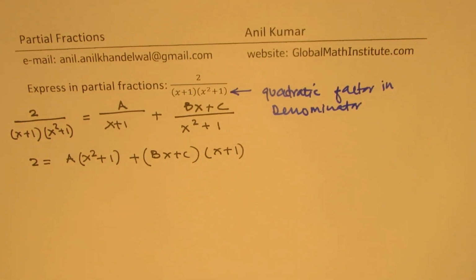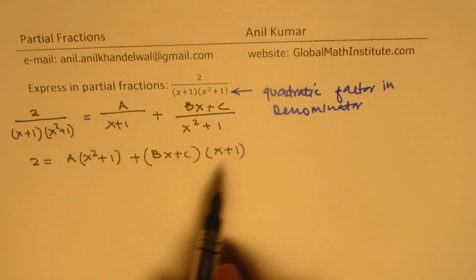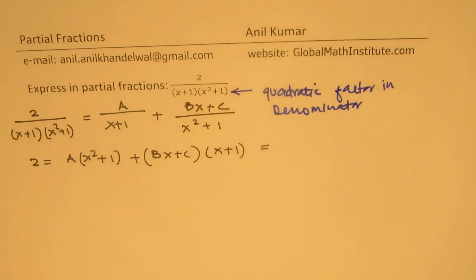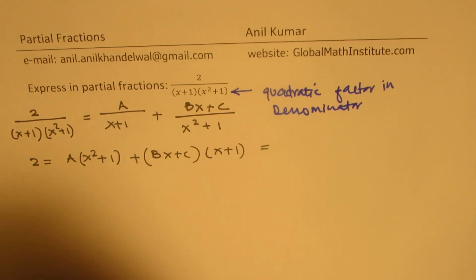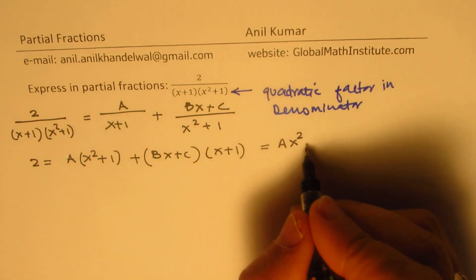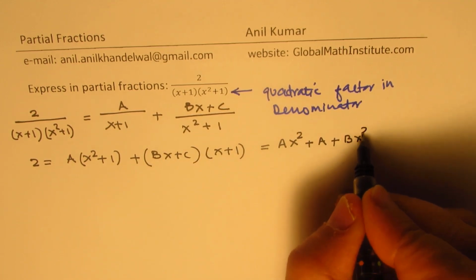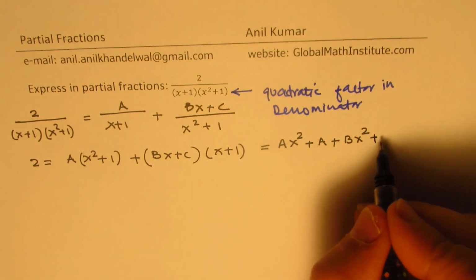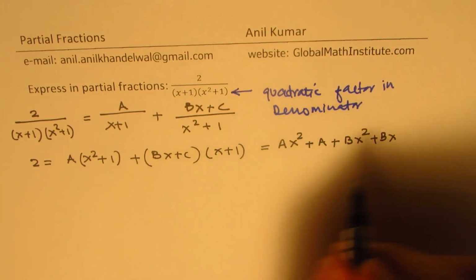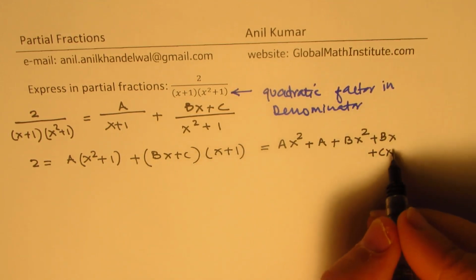That's what we get. Now, to get our equations, what we can do is we can expand this and then write the like terms. So what we get here is ax squared plus a, bx squared plus bx, cx plus c.